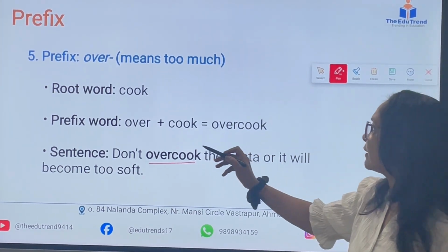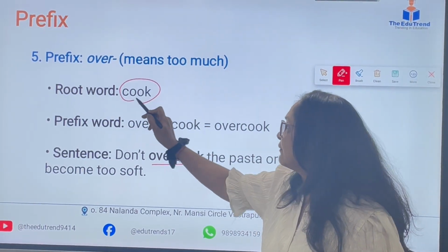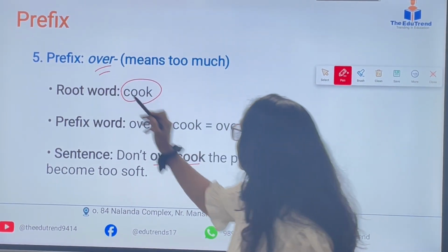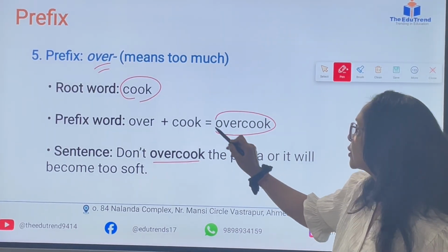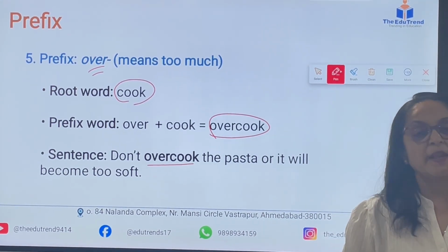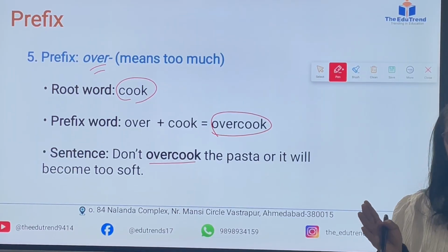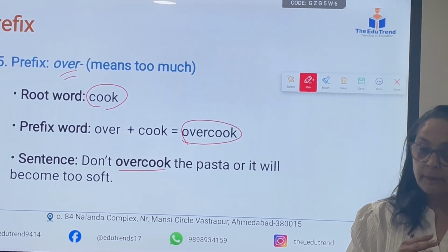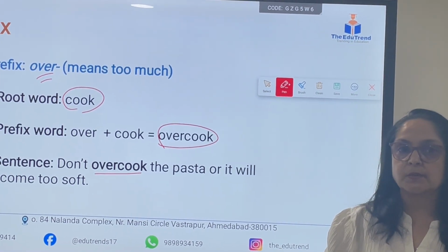We have taken cook and we have taken over, and added them together to get overcook. So prefixes are the extra words that we add to the main word before the word starts.